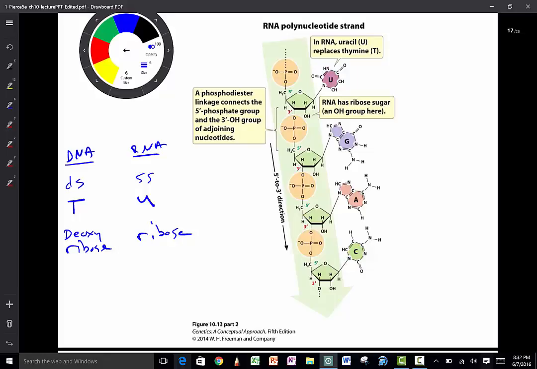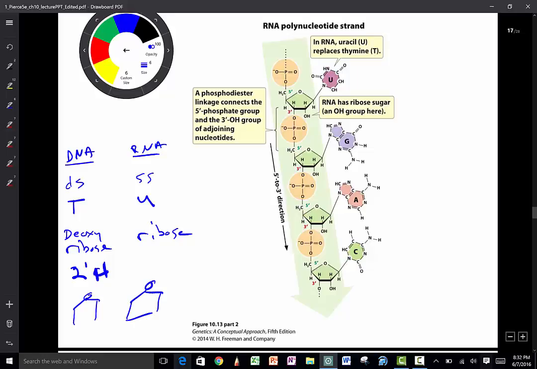But probably the most important difference is that this has a 2' H. So if we look at the sugar, in DNA that's an H, in RNA it's an OH. That's the 2' position. This can be reactive.